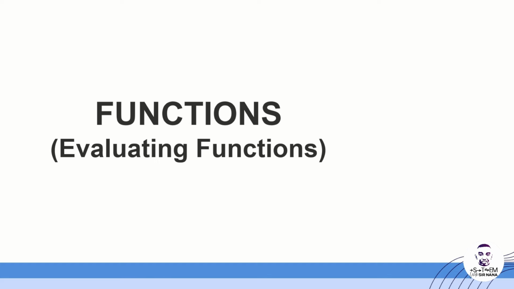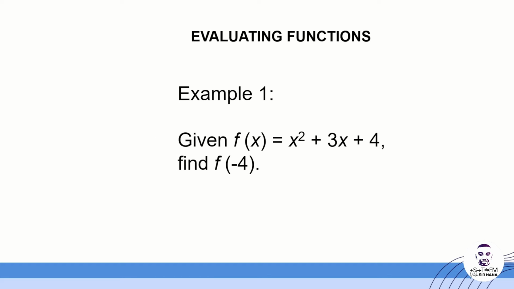Now let's look at our first question. It says that given that f of x is equal to x squared plus 3x plus 4, we must find f of minus 4. So let's look at how we can solve this question.